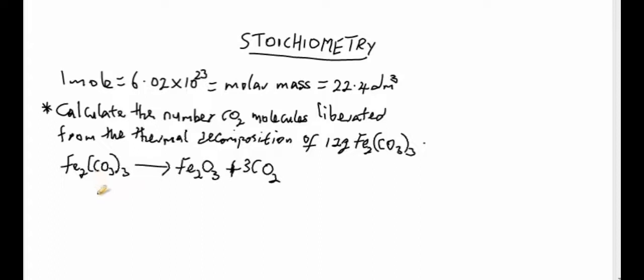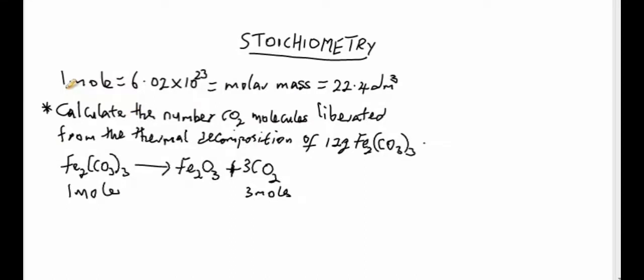Now the equation is balanced, and here they give us grams, so we have 1 mole of this producing 3 moles of this. They asked for mass, so the relationship between mole of this and its mass is molar mass.